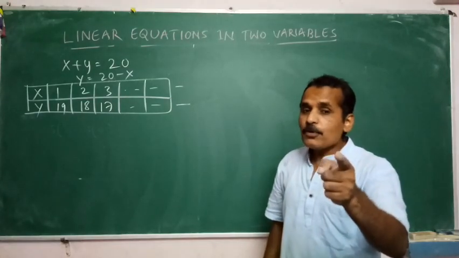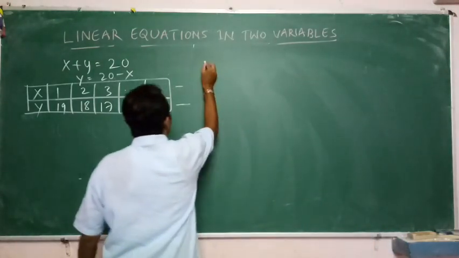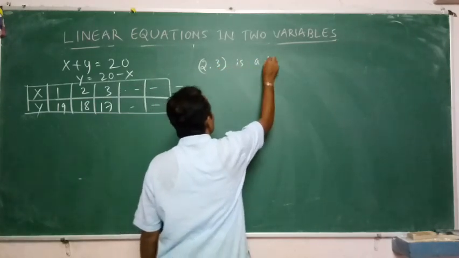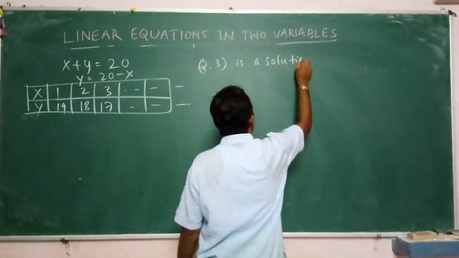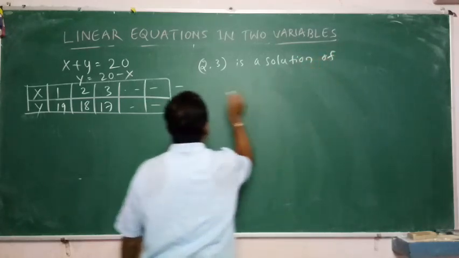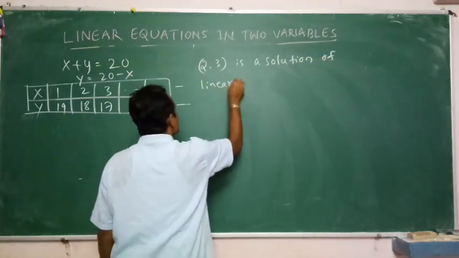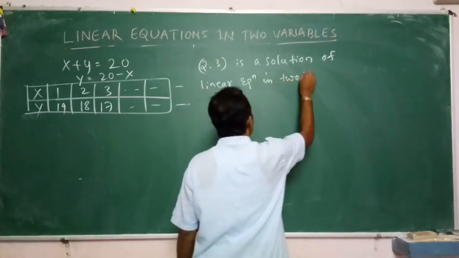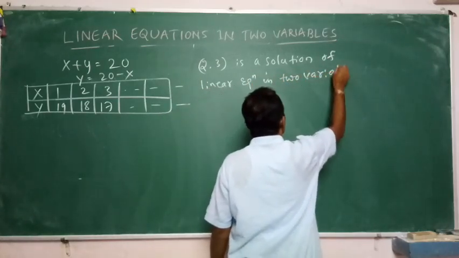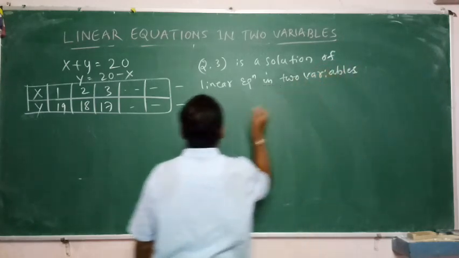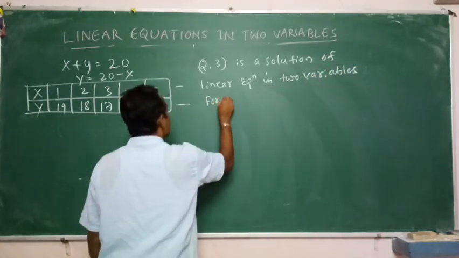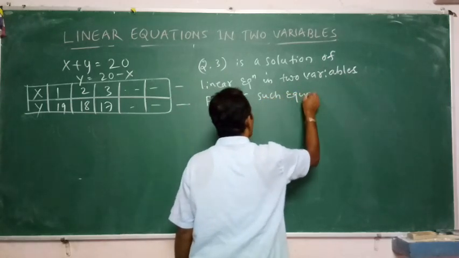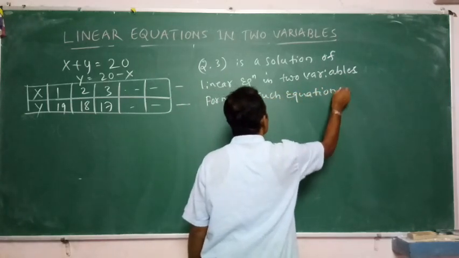Likewise, suppose I give one solution. (2, 3) is a solution of a linear equation in two variables. Form 5 such equations.